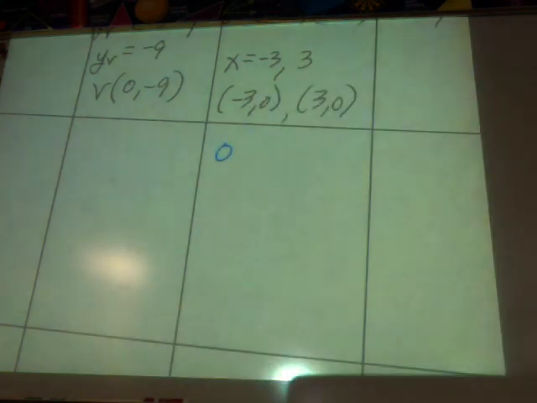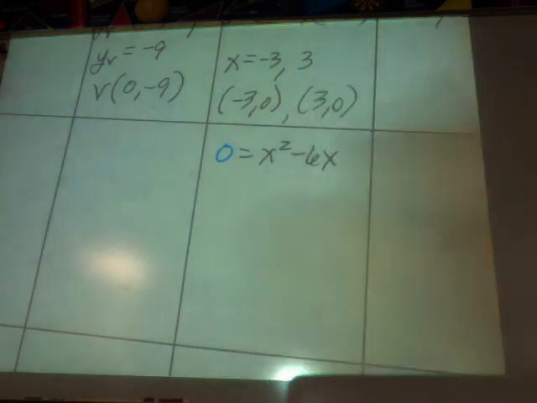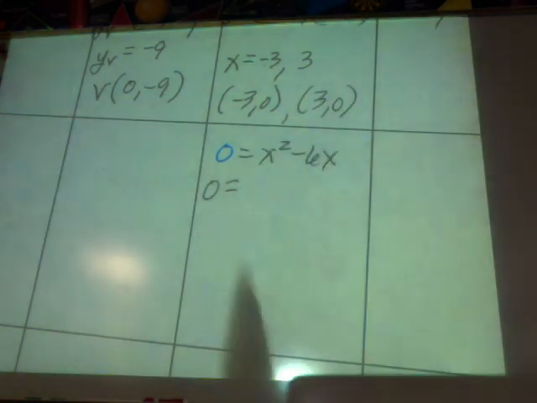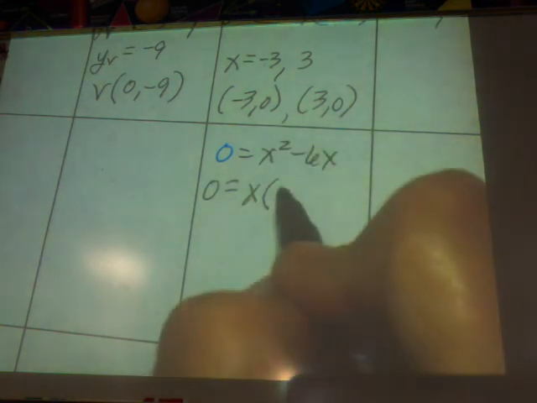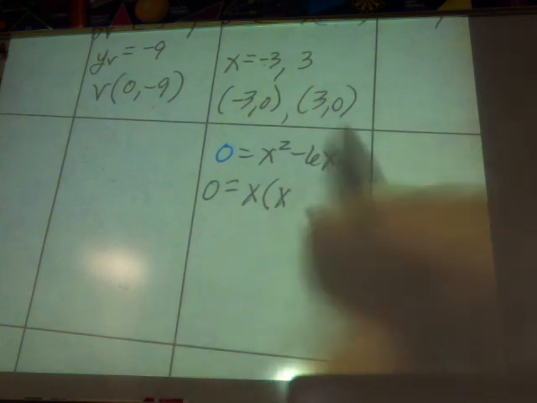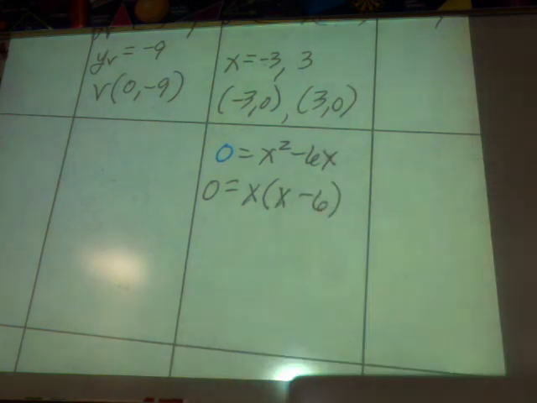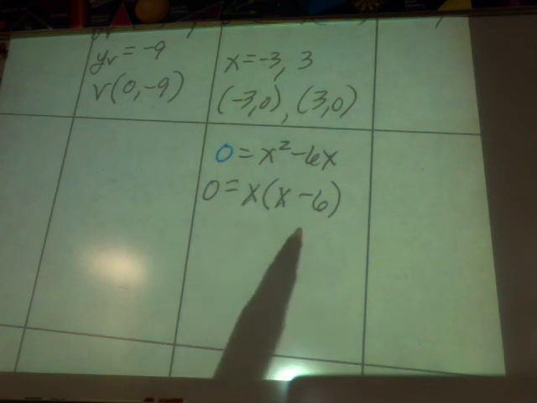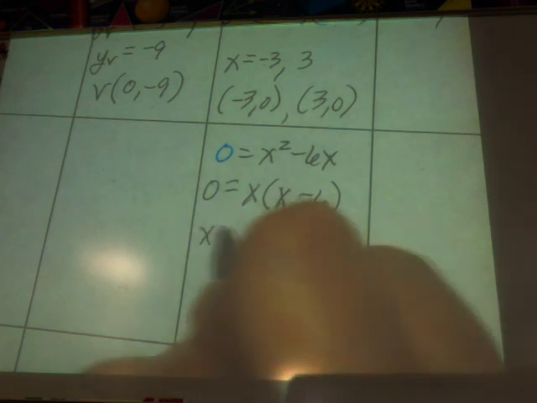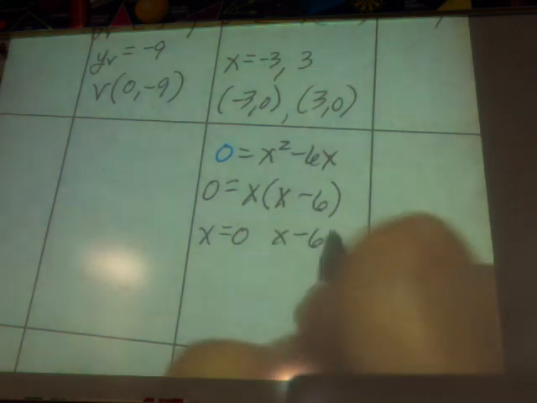So go ahead and put in 0 for y, and x equals x squared minus 6x. So I get 0 equals, what's your GCF? X. Factor an x out. Divide this by x, you get x. Divide this by x, you get minus 6. Then don't you have to set this equal to 0 and that equal to 0? So I've got x equals 0 and x minus 6 equals 0.